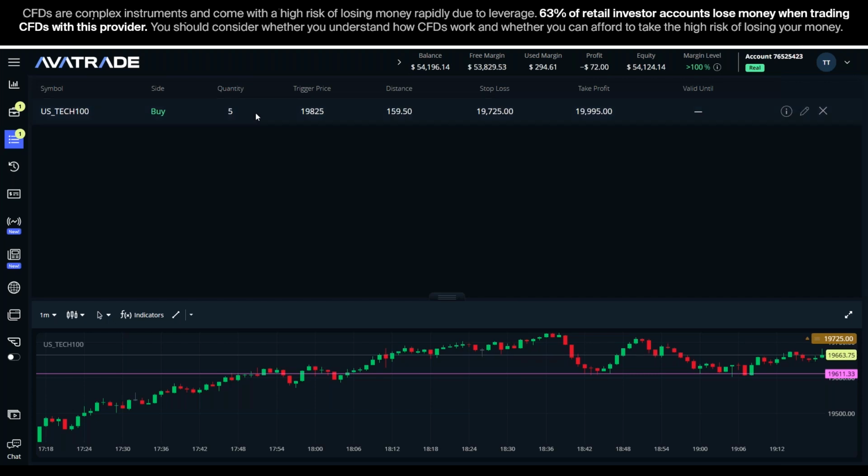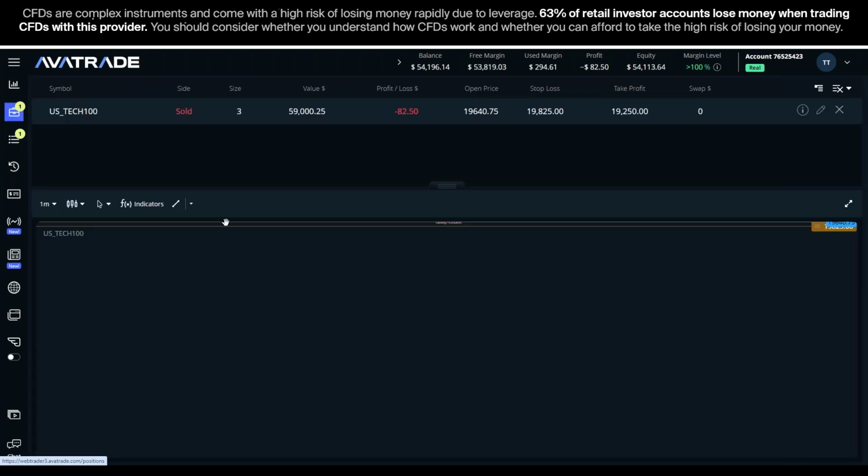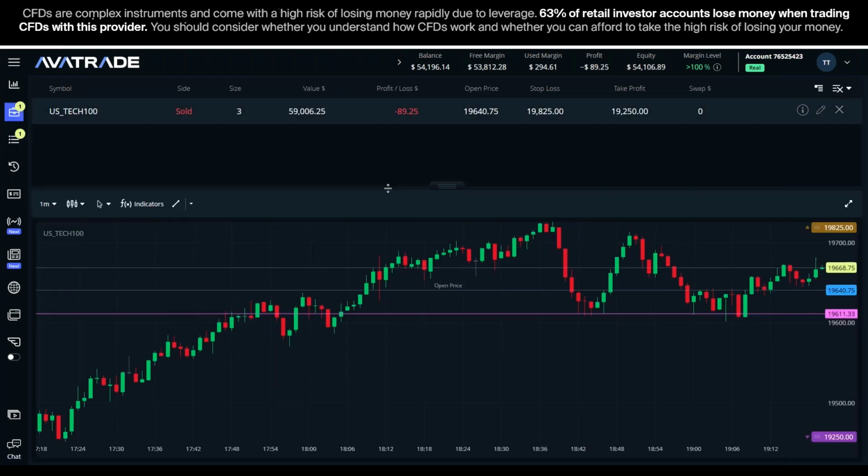The only way this one opens is if we lose on the market trade, which we sold on, and this is a backup move in case that happens. And it will buy if it hits the trigger price, 19,825, okay? In the meantime, we hope that the market move wins. It's a little in the hole right now, which doesn't surprise me. We saw the 5-minute candles were bouncing a little as we waited for it to level off on a smaller support level.